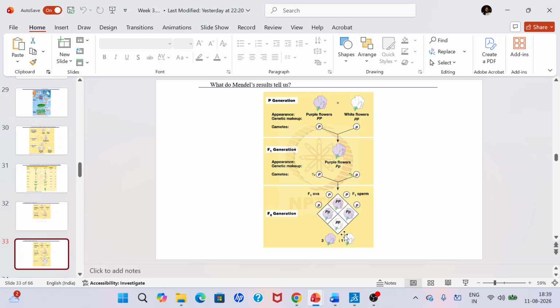This was the case of a complete dominant or recessive kind of situation. So this was the Punnett square method through which he devised that, and he found that three of the four plants were purple and one was white. This was the general case. This is how a complete dominant or complete recessive character works.